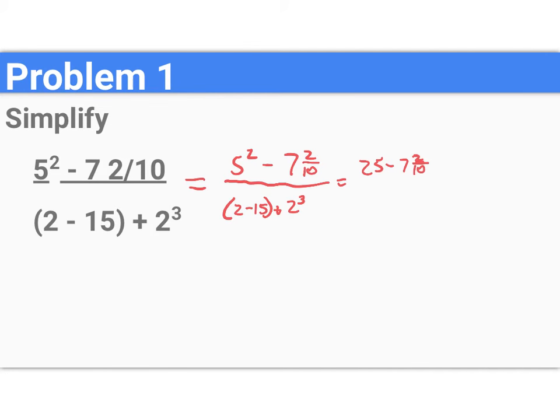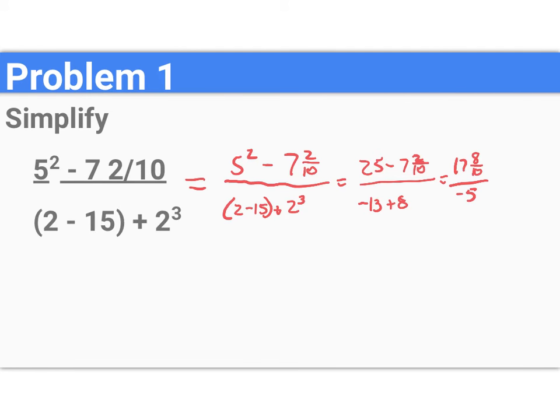We should be able to do this in our head at this point. Negative 13 plus 8. Okay, 25 minus 7 makes 18. So we'll have 17 and 8/10 divided by negative 5.